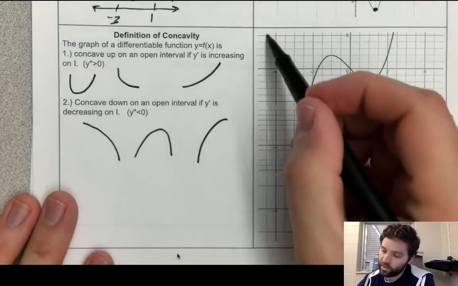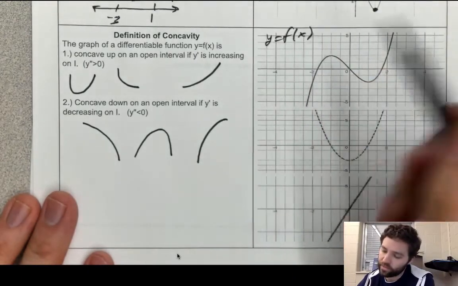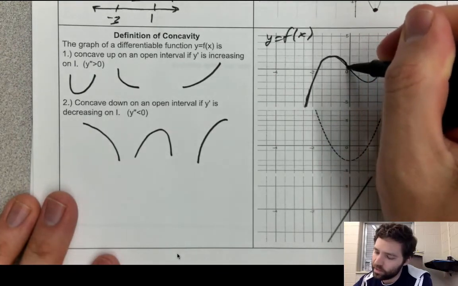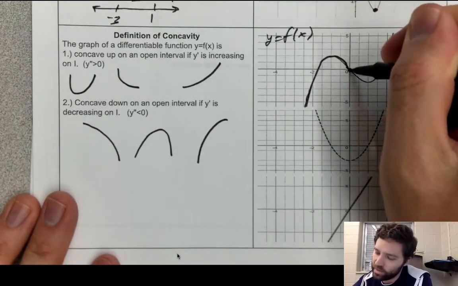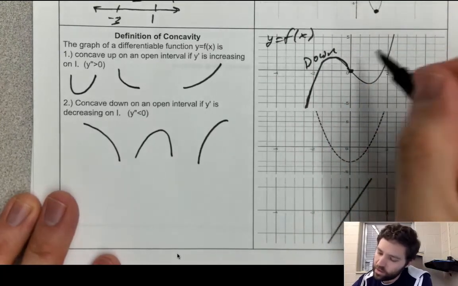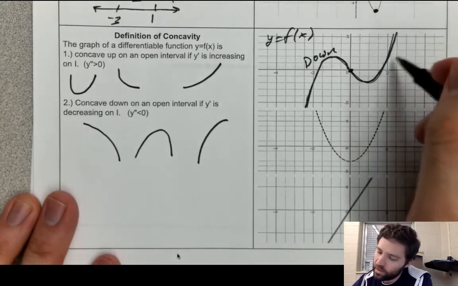So here, if I have this function y equals f of x, then you can see that right here, it is concave down, until right about here it switches. So it's concave down here. Here it switches to being concave up.